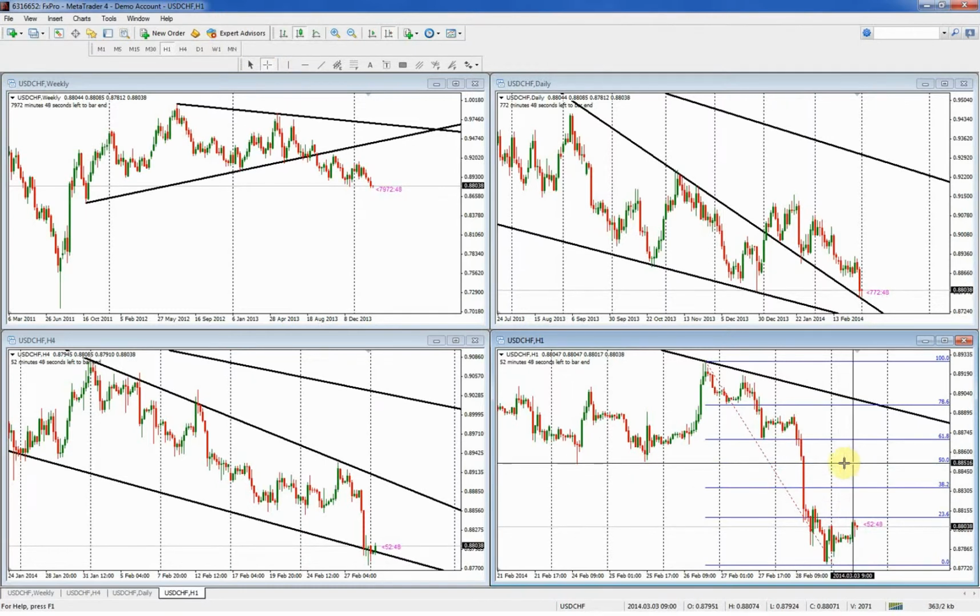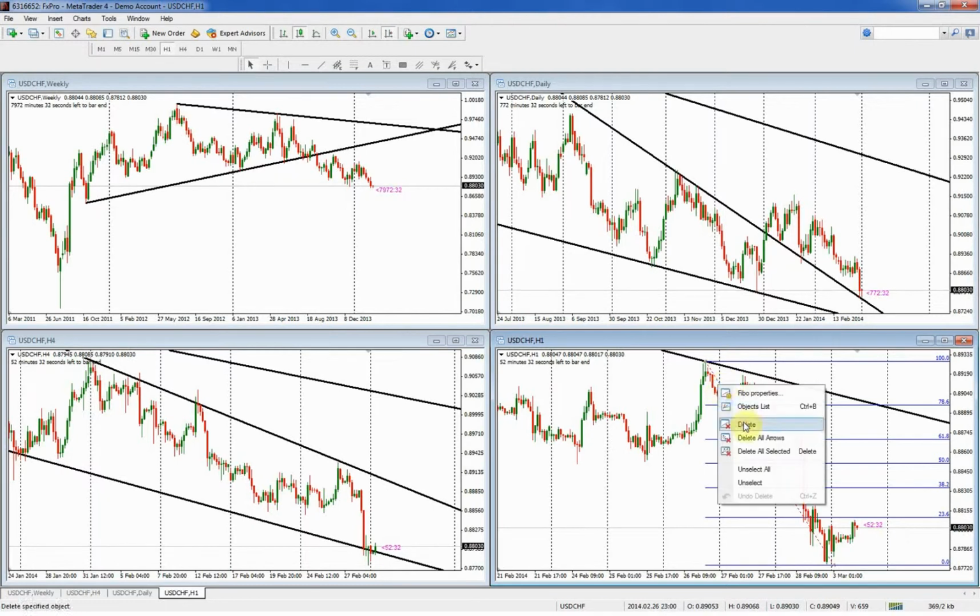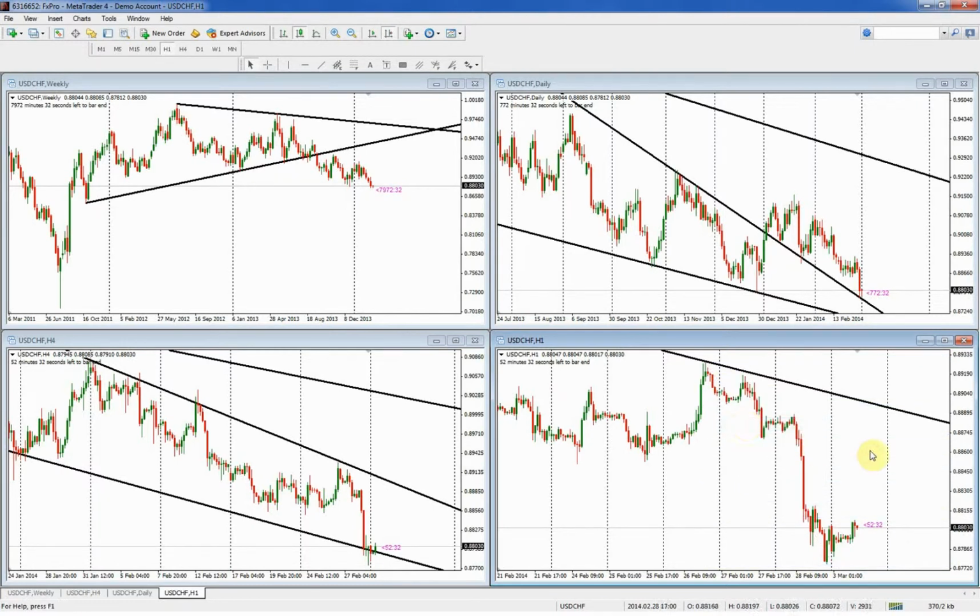So 88.50 lines up with the broken support here, so that's a good area to watch for new shorts. 88.50 to 60, if it retraces that far, which I doubt, but we'll see. If it does, that's the zone to watch for potentially new shorts.